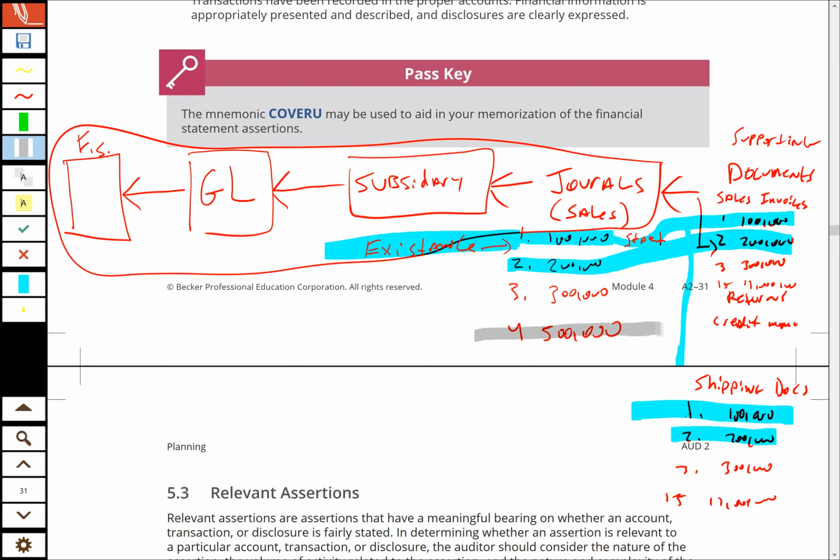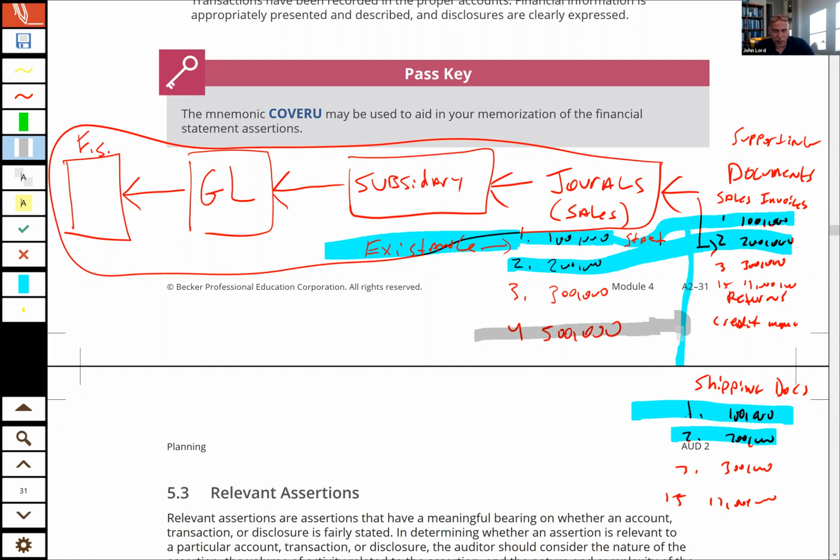No. So I go to management and I say, management, we pulled a sample. We pulled this entry in the sales journal, number 4. We tried to find the supporting documents and we couldn't find it. How come? And they say, oh, thank you, auditor. Bob used to do that all the time. We fired Bob because he used to make that kind of mistake.